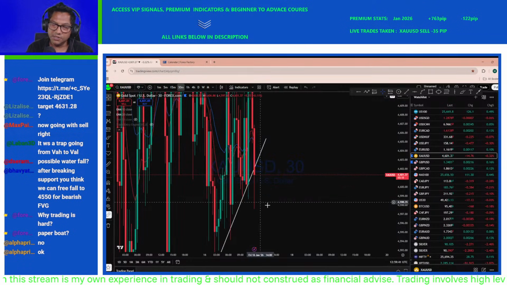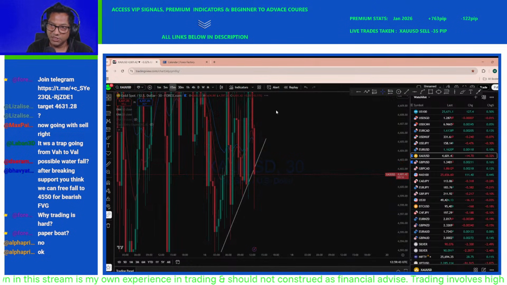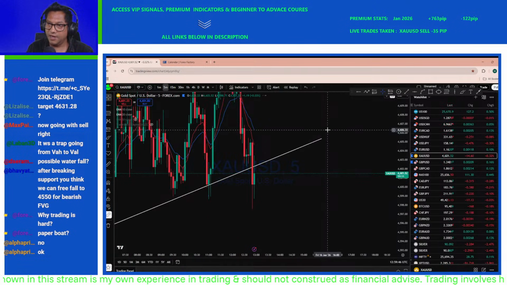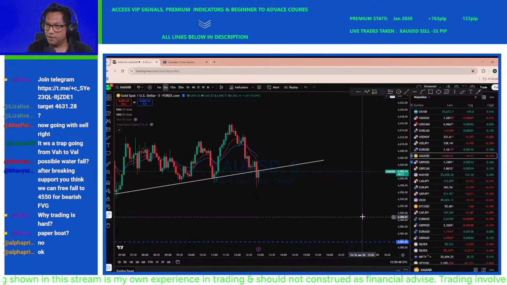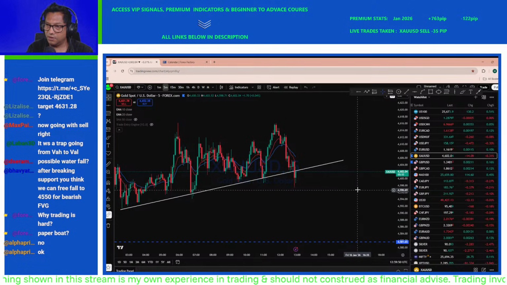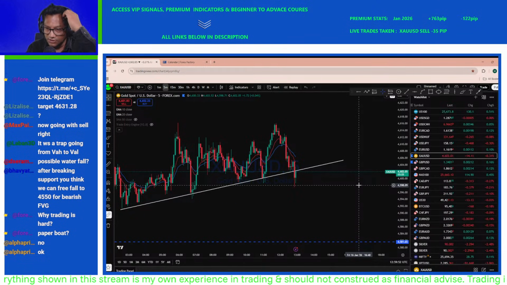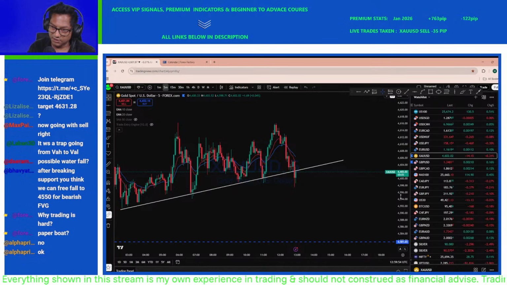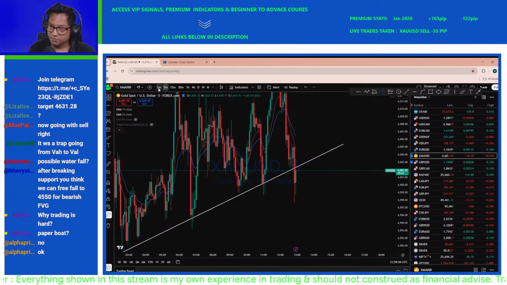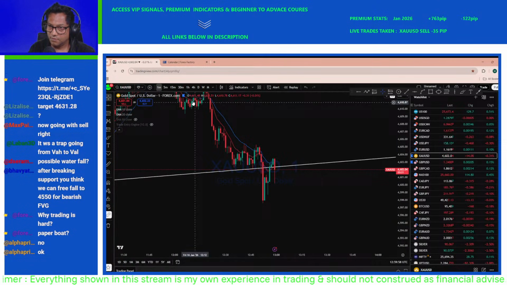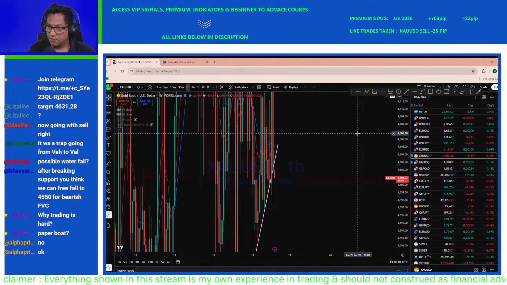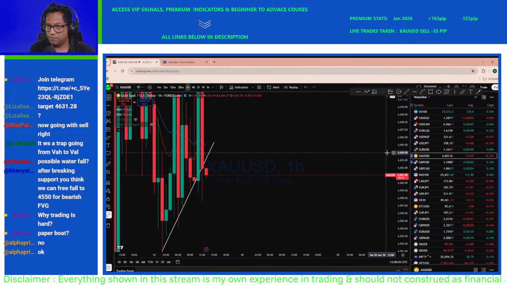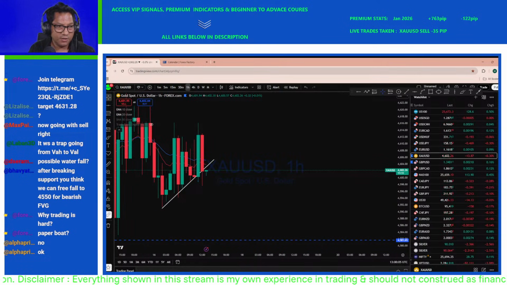Okay, so here we can see the market from this support level getting the rejection back up, and I think there is still a possibility for a downside here. A big red candle formation.